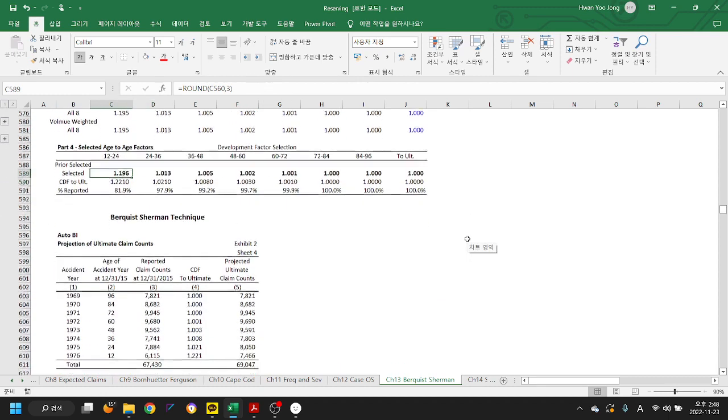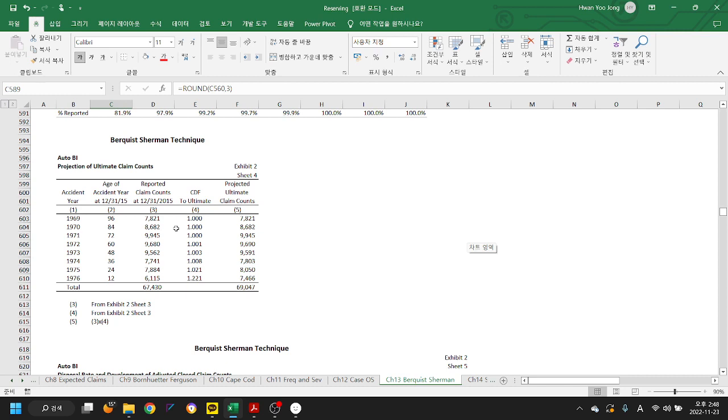And here, using the summary table, I end up with the ultimate claim count for each accident year, like this, right? Or we can do it based on the closed claim count. It's very comparable to PLDM and ILDM. In this case, we can estimate the ultimate claim count based on the cumulative closed claim count, or the closed plus open claim count, which is the reported claim count.